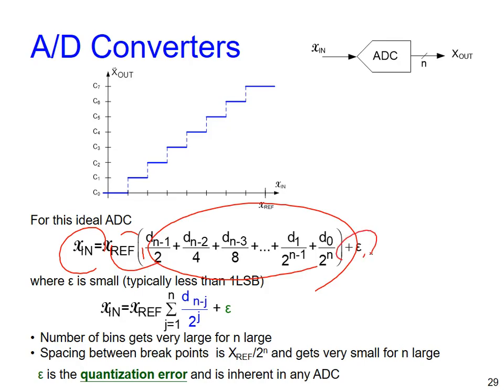Okay, so epsilon means the quantization error. Okay, that's it. And I played the voice demonstration for you. You can listen to such kind of quantization error. It sounds like very much noise. So sometimes or always we call it quantization noise.